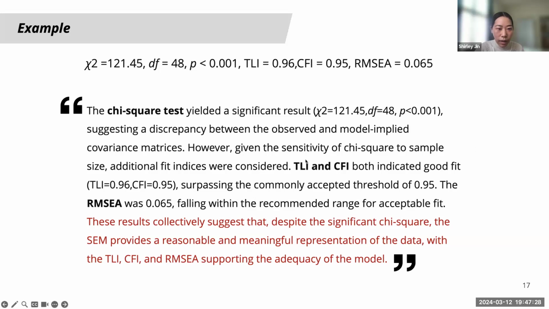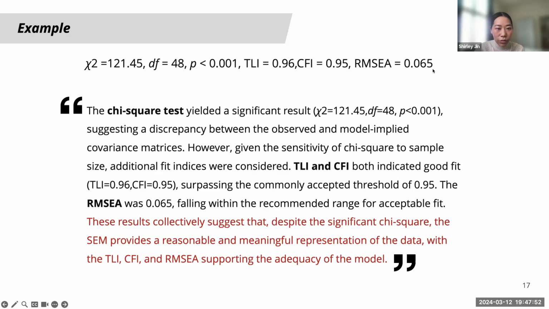For example, TLI and CFI here both surpass 0.95, which means that it is a good fit by looking at TLI and CFI. The RMSEA value of 0.065 also falls within the acceptance range, right?